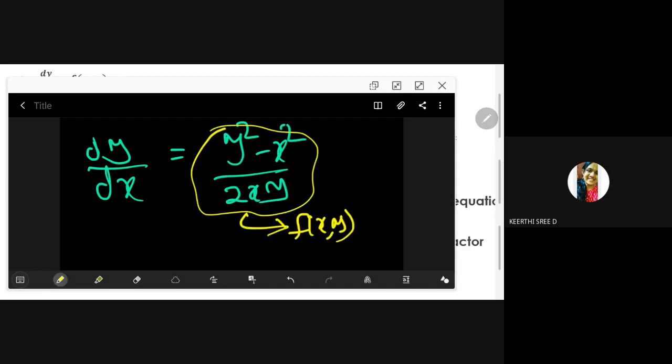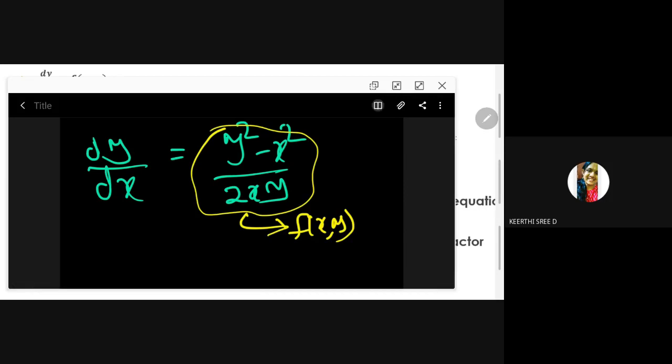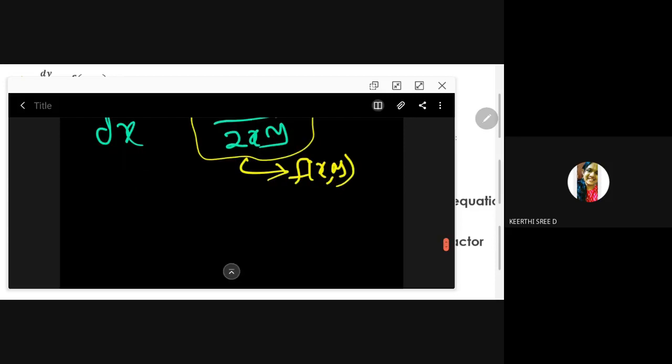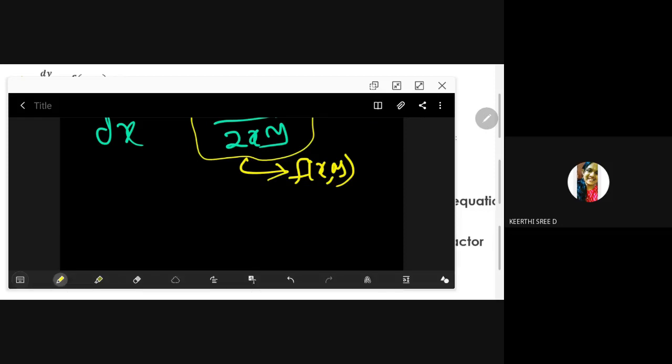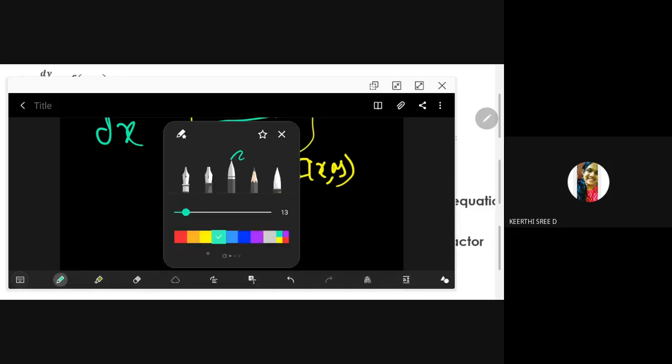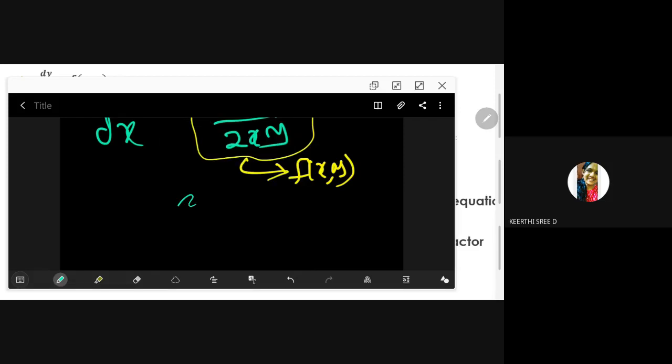On the other hand, this f of x,y can be viewed as half, y by x minus 1 by y by x.